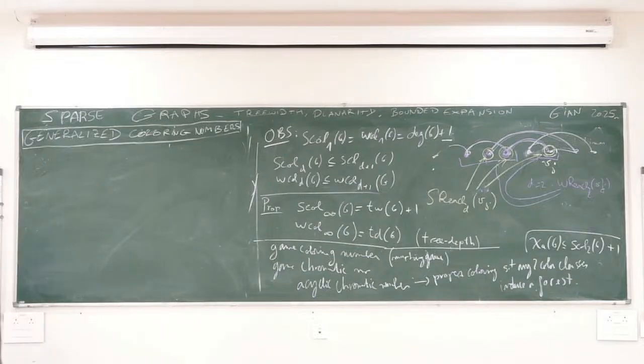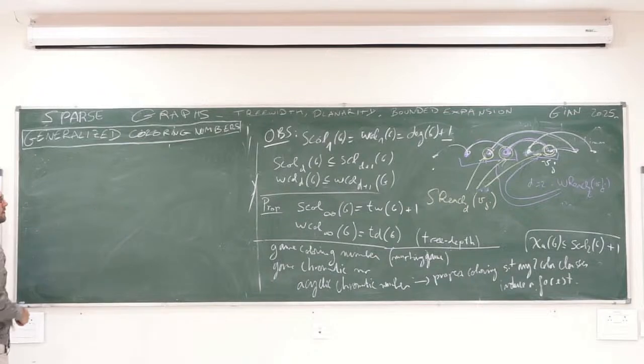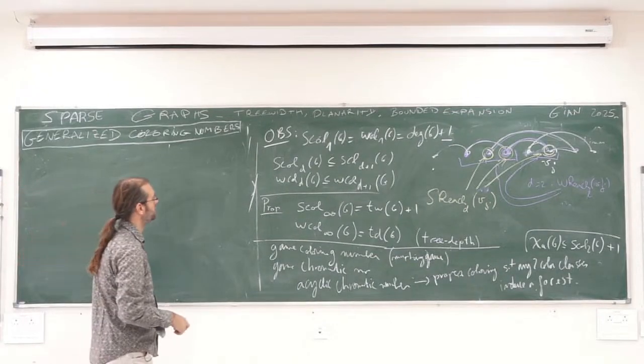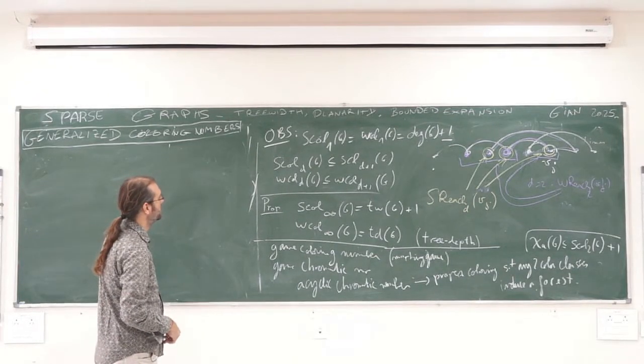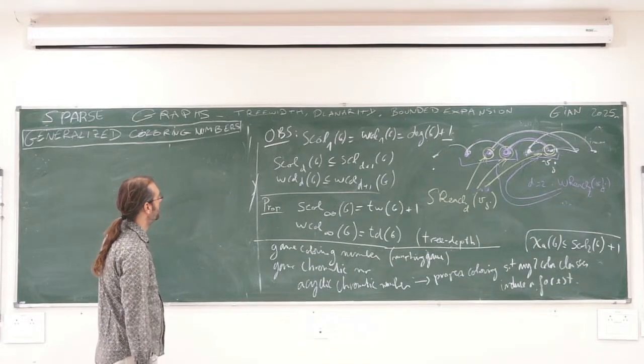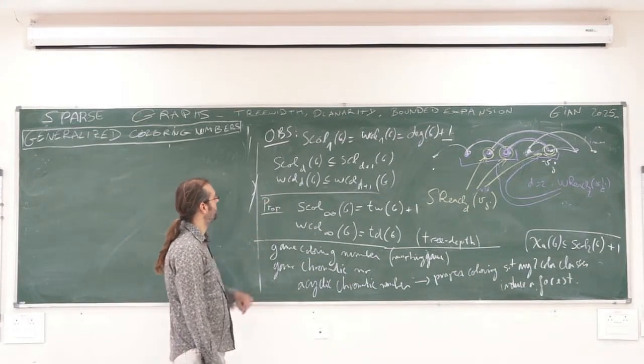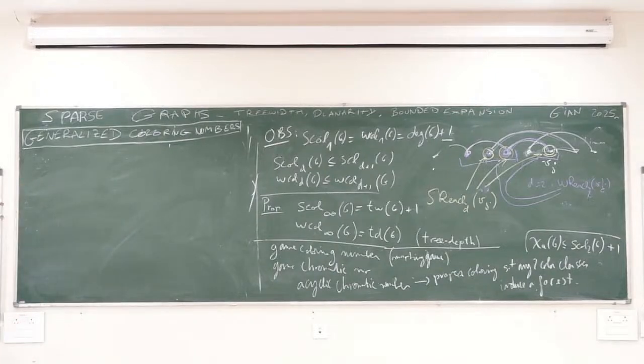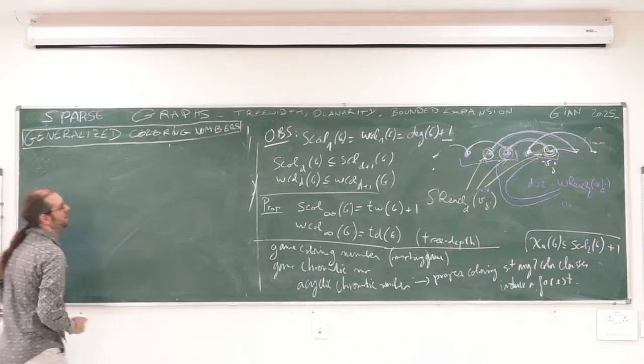So one thing is that, well, okay, another thing I forgot. In the observation, I should have said that the strong coloring number is at most the weak coloring number. Let me add it.